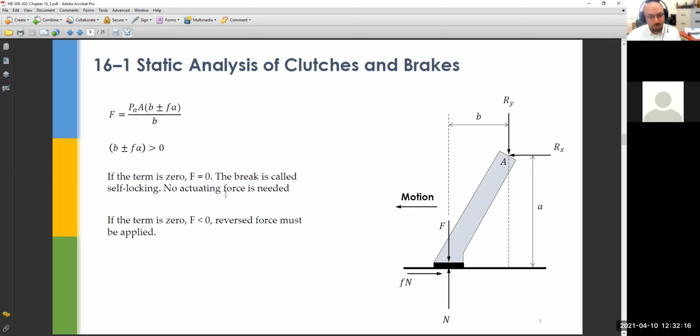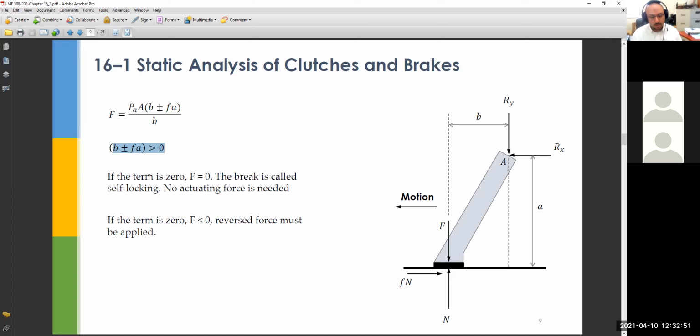Another thing, which is also important, is this. Now let's rewrite the equation again, which is F equals PAAB plus or minus FA over FA divided by B. If you look at this parenthesis, you want this to be greater than zero.